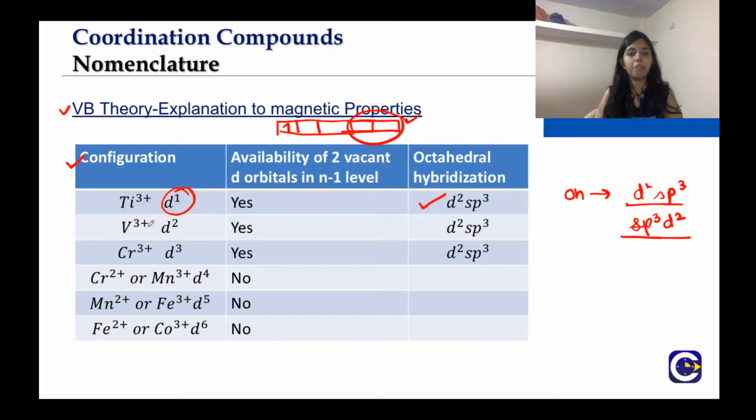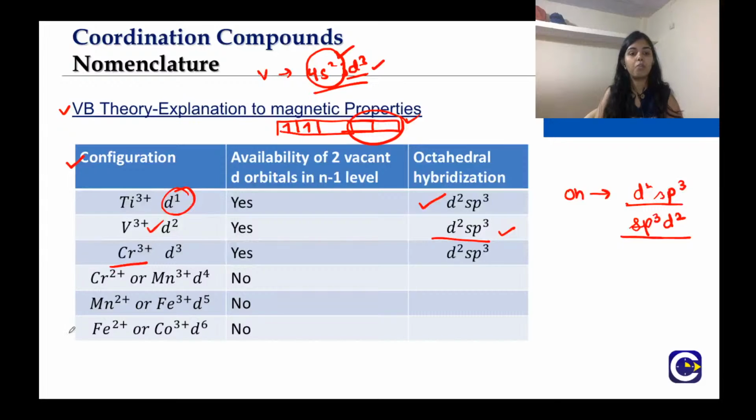Similarly for vanadium 3 plus, vanadium is 4s2 3d3, so 2 electrons will go from the 4s and 1 electron from the 3d, so you will have d2 configuration. Again, you have two vacant d orbitals which can contribute to d2sp3 hybridization. So in this also d2sp3 hybridization is possible.